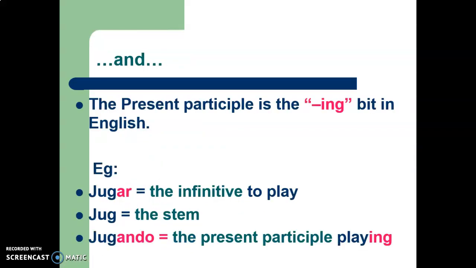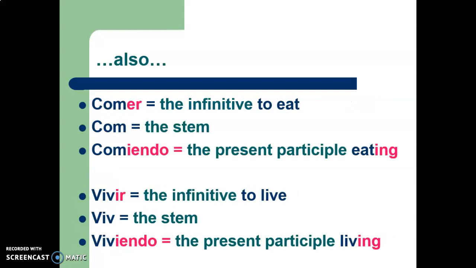So the present participle, just to revise, is the -ing bit in English. So jugar is the verb, the infinitive of the verb to play. If you take the -ar off, we've got jug, and because it's an -ar verb, we just add on -ando. So that's the example of playing. Here we have an example with comer.